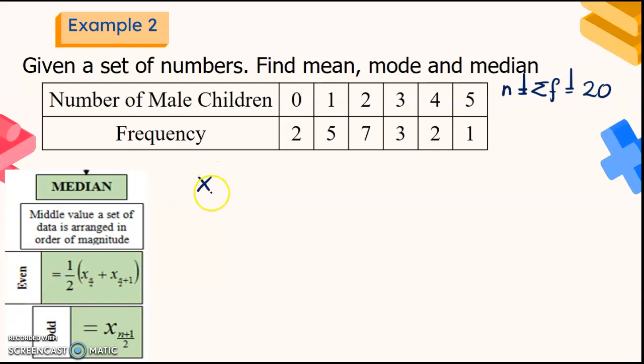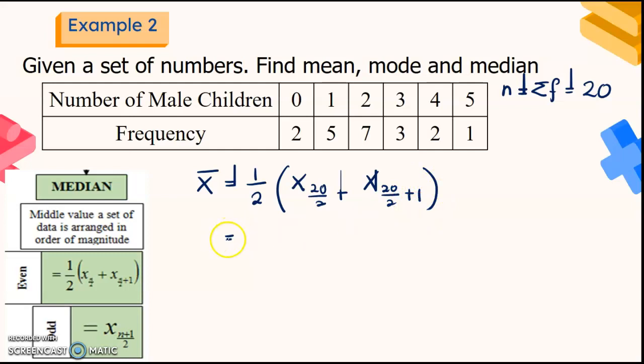So our median equals 1 over 2 of x of n over 2 plus x of n over 2 plus 1, which is 1 over 2 of x10 plus x11.